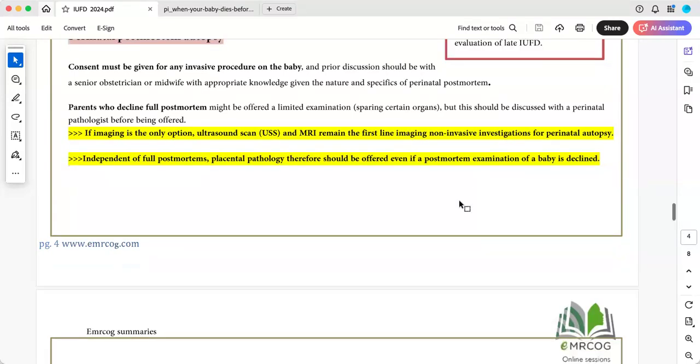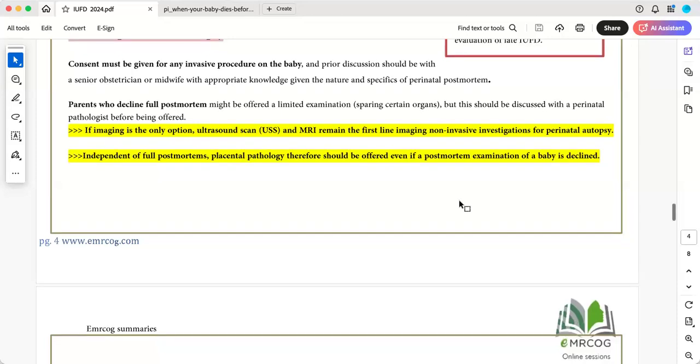So please be careful, my friends, if you are counseling a patient in Part 3 about the postmortem examination. If the patient declined the postmortem fully, either the full or the limited type, then you will speak about the importance of imaging like ultrasound and MRI, okay? For you guys who are attending written exams, this can also be a possible single best answer question about parents who declined to give consent for postmortem.